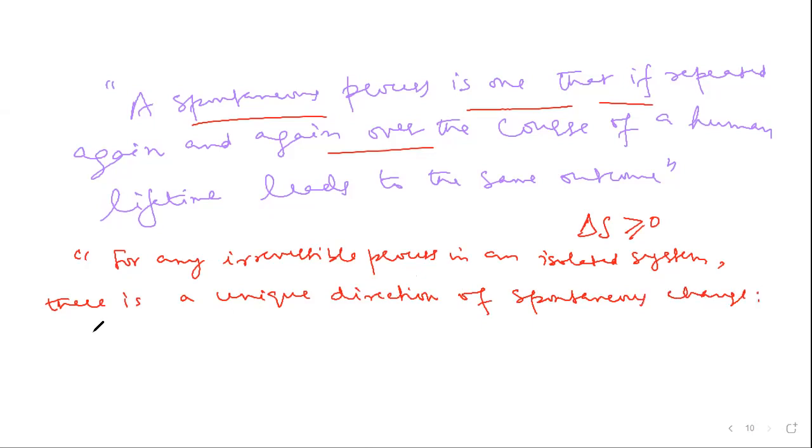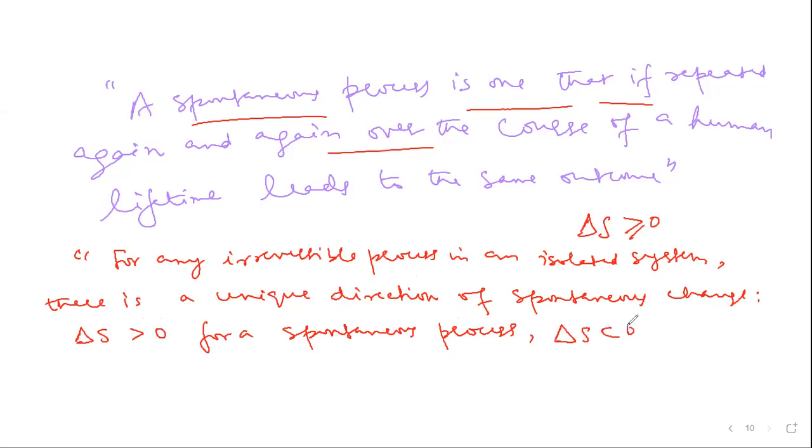What is that? Delta S greater than 0 for a spontaneous process.